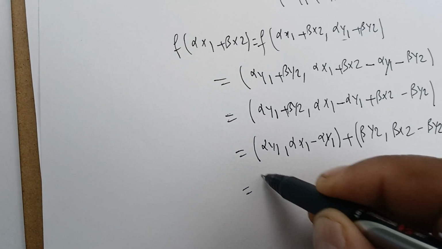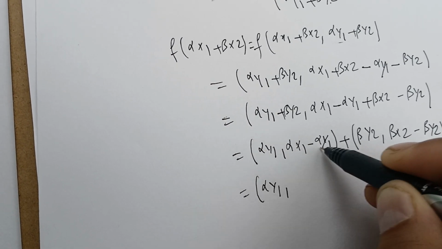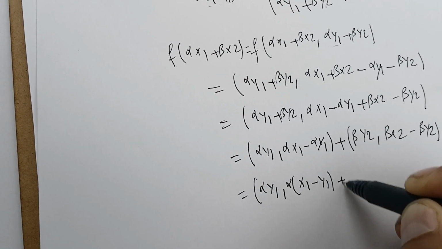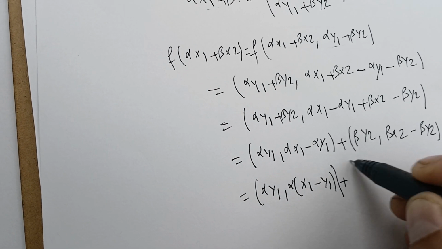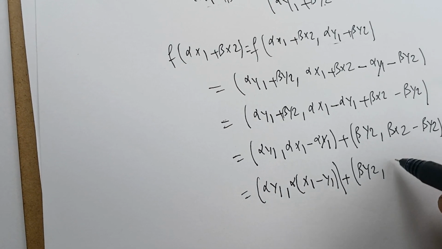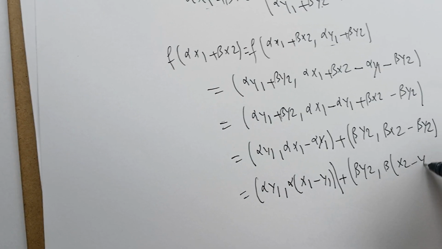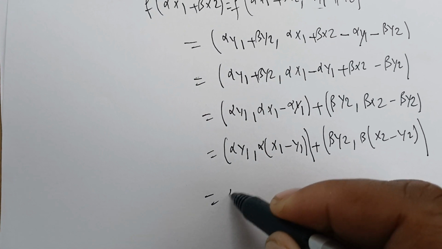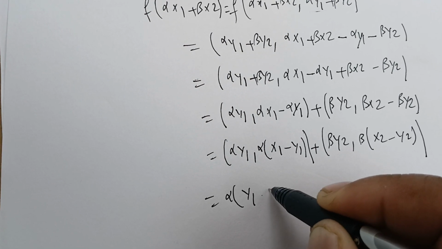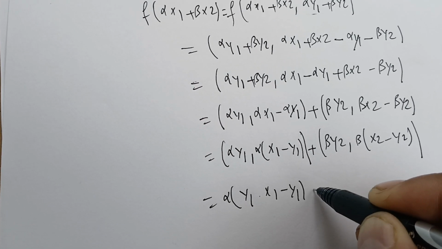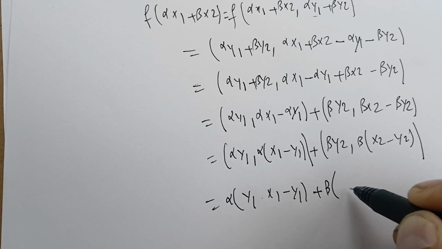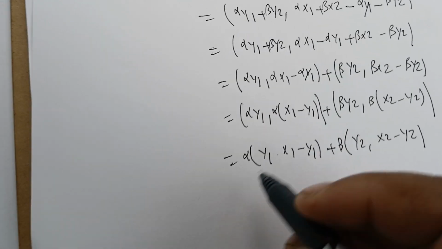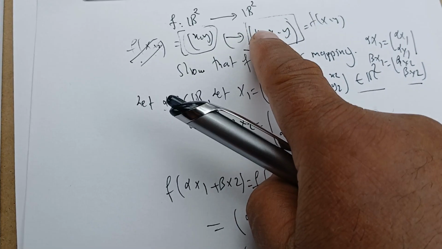So here we can write this one as αy1 and factor by α to get α(x1 − y1), plus βy2, and we factor by β to get β(x2 − y2). Now let's take the alpha outside: α(y1, x1 − y1), and the same thing for beta: β(y2, x2 − y2). Now think of this map.